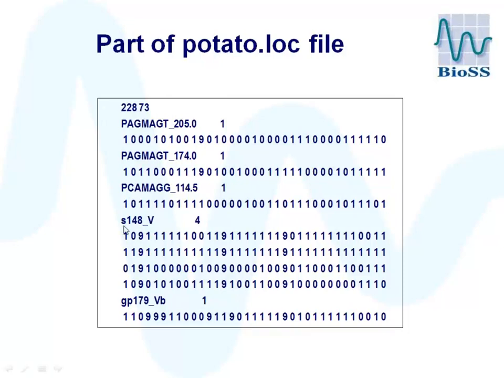Further down here, we've got an example of an SSR marker. In that case, there are 4 alleles, and there are 4 lines here representing presence and absence of the 4 different SSR alleles. So you've got alleles 1, 2, and 4 present in the first parent, alleles 2 and 3 present in the second.